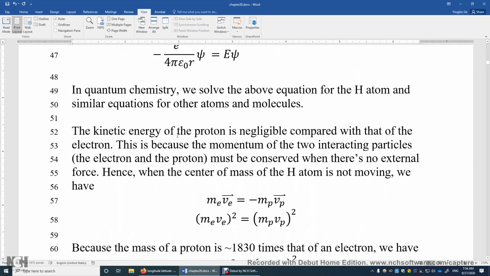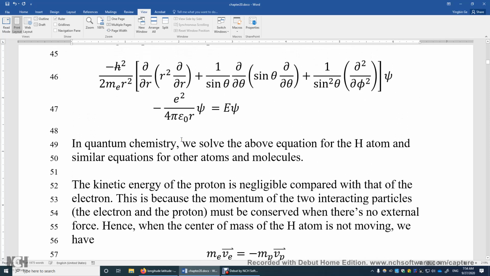In quantum chemistry, we simply solve this Schrodinger equation for the hydrogen atom, and then we solve similar equations for many other atoms and or molecules of interest.